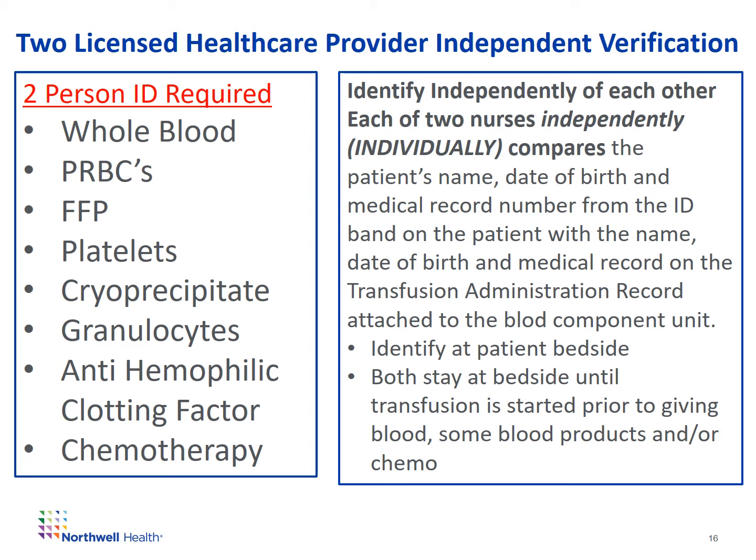Each of the two nurses independently compares the patient's name, date of birth, and medical record number from the ID band on the patient to the name, date of birth, and medical record number on the transfusion administration record. The identification has to be done at the patient's bedside, and both licensed healthcare providers have to stay at the bedside until the transfusion is started.